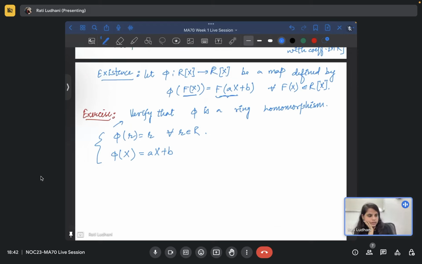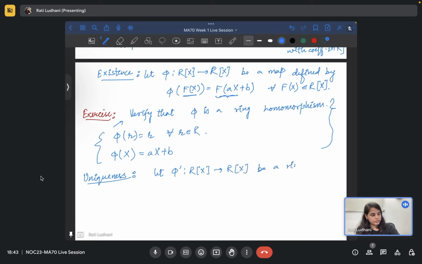So this is in terms of existence. But we also need to prove that this is unique. Let's try to prove that this is the unique ring homomorphism we can get satisfying these three properties. Let phi dash be another ring homomorphism from R[x] to R[x].